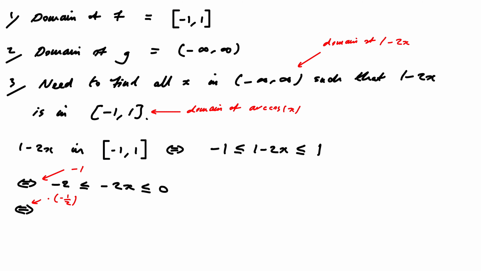The first one, multiplying by minus a half, gives a 1 here. Multiplying by minus a half would give me an x here, and multiplying 0 by minus a half is just 0 again. And here's the subtlety: minus a half is negative, so that means it reverses the inequalities.